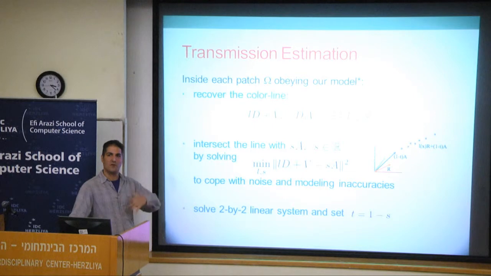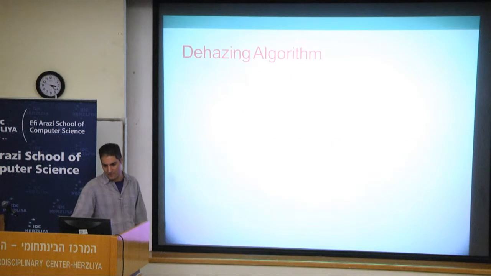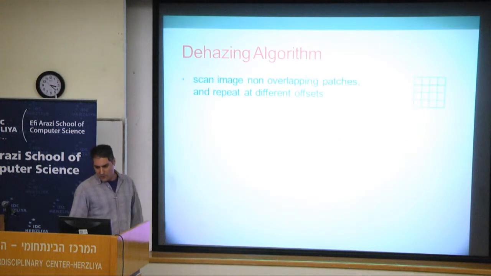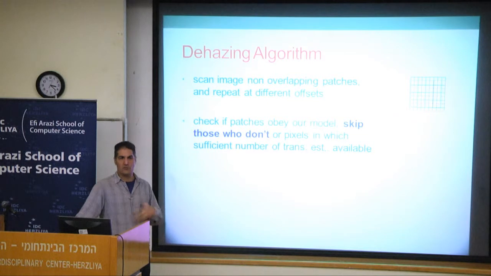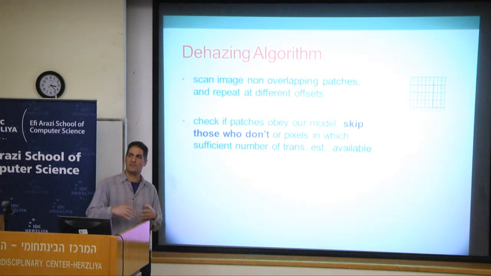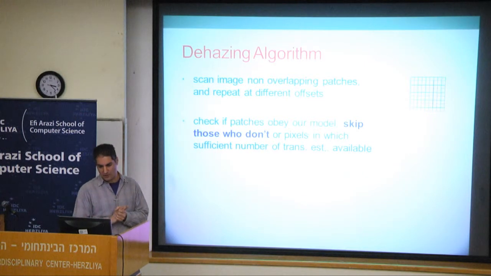So once I know the offset of the color line from the origin, I basically know the amount of transmission in that patch. So an overview of the algorithm, the idea is to scan the image, consider non-overlapping patches, and in a second iteration, even overlapping patches. And then at each of these patches, the idea is to estimate the color line and see that it indeed obeys certain rules that the formation model assumes should occur, and skip patches in which these assumptions do not hold.